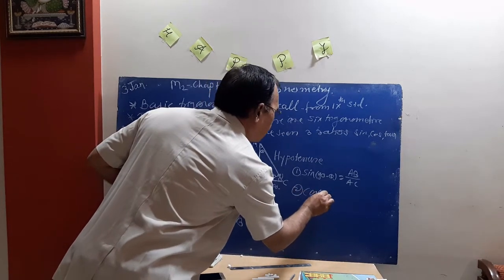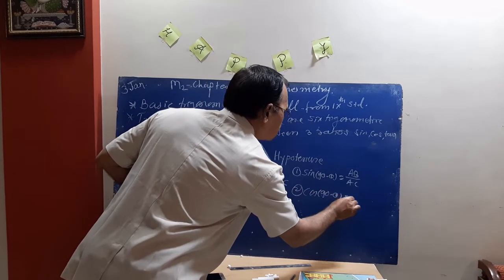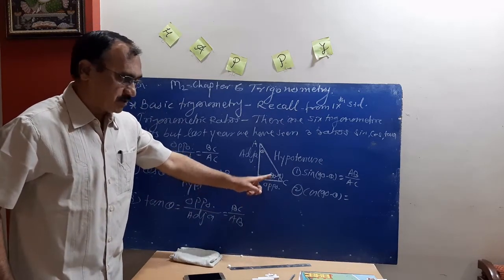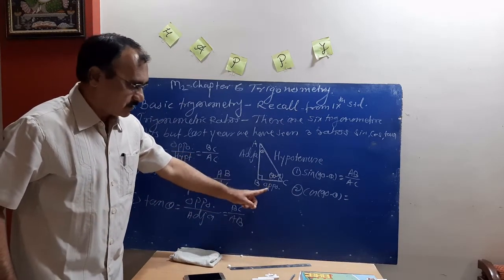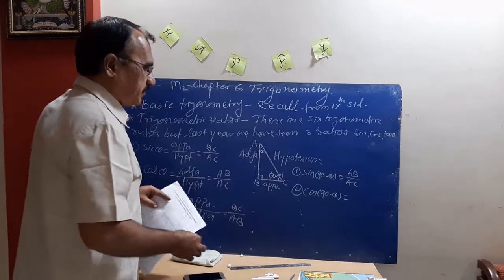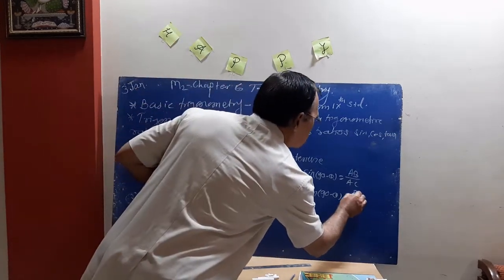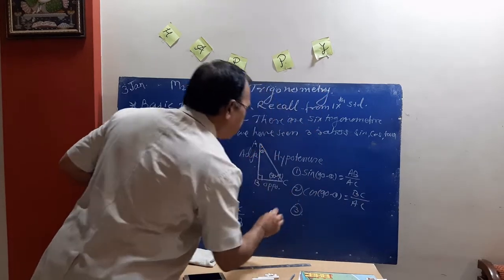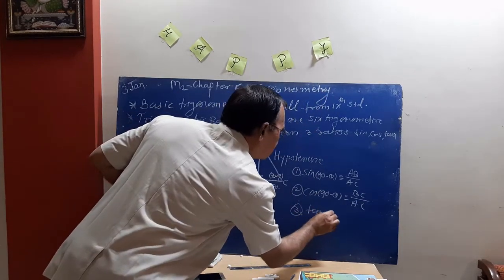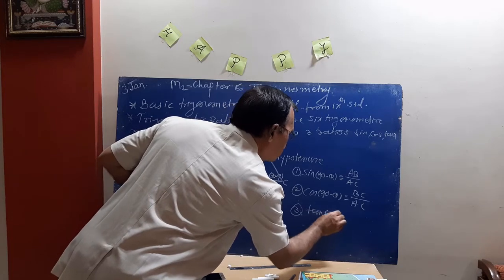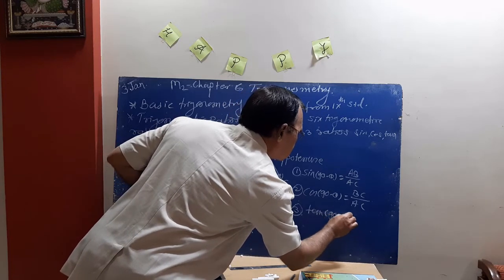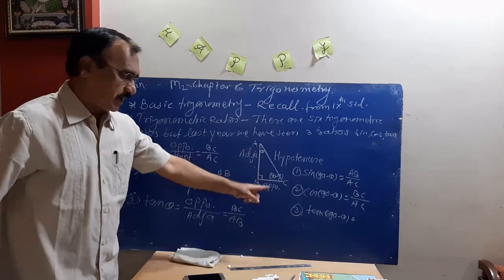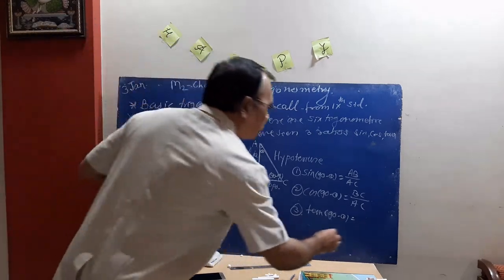Then cos 90 minus theta, adjacent upon hypotenuse, that means BC upon AC. And then third one is tan 90 minus theta, opposite upon adjacent, that is AB upon BC.